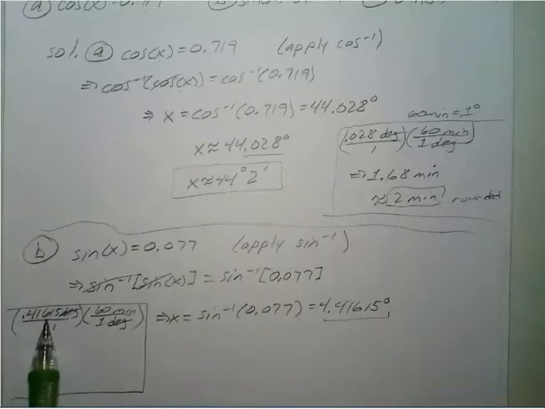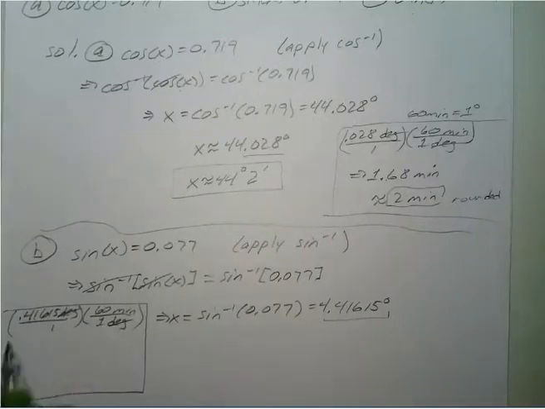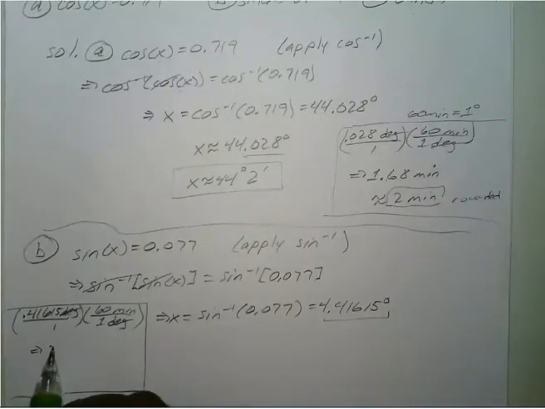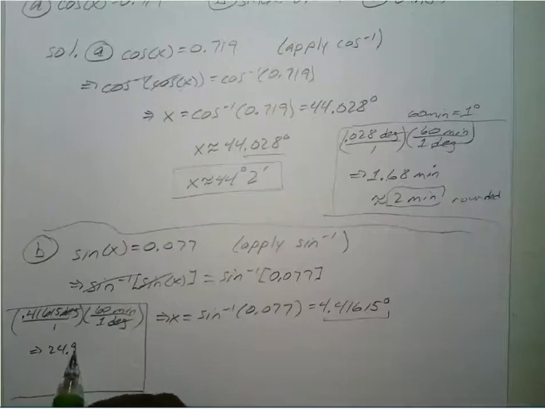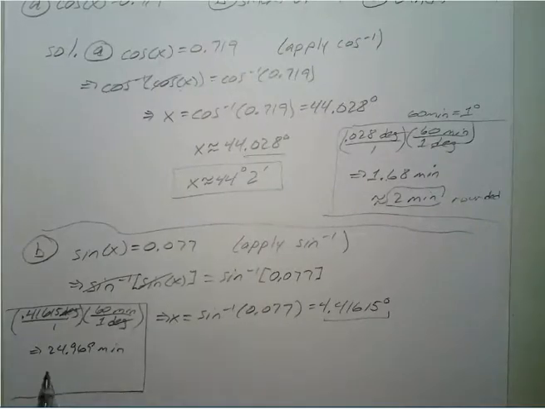So 0.41615 times 60 will give us 24.969 minutes, and that rounds to about 25 minutes.